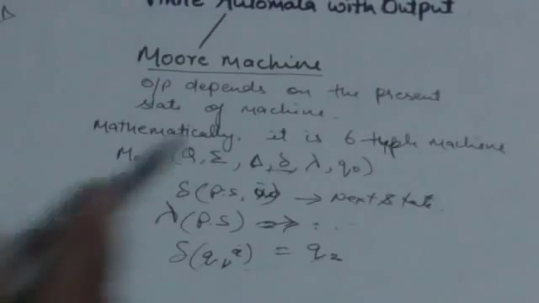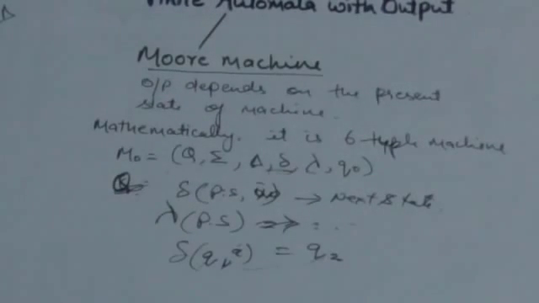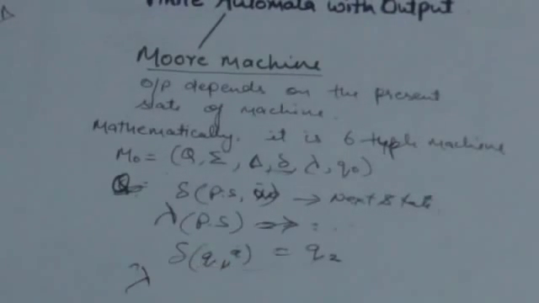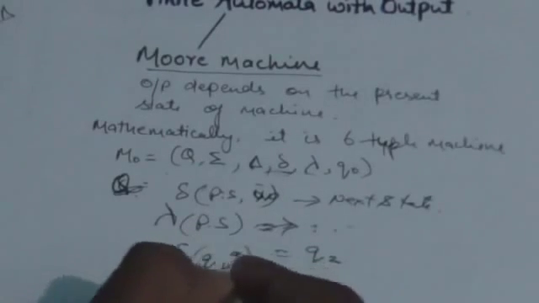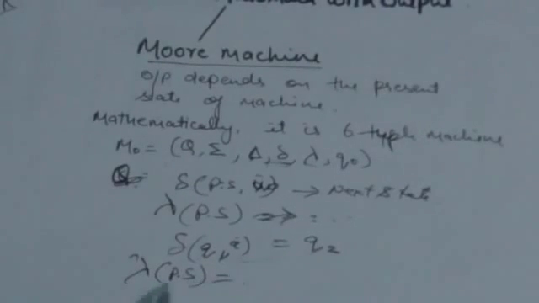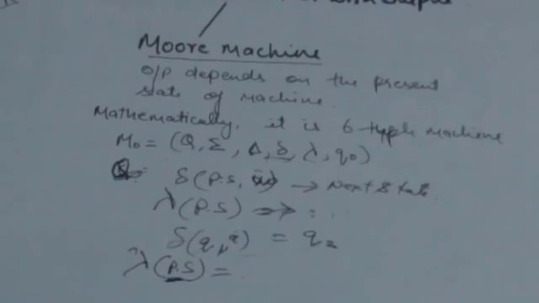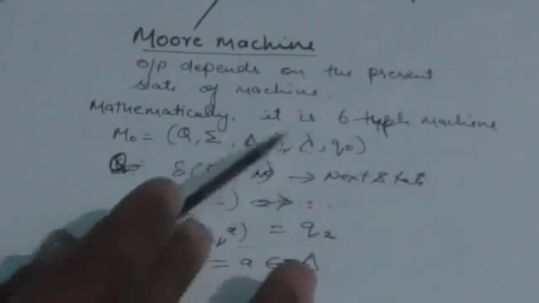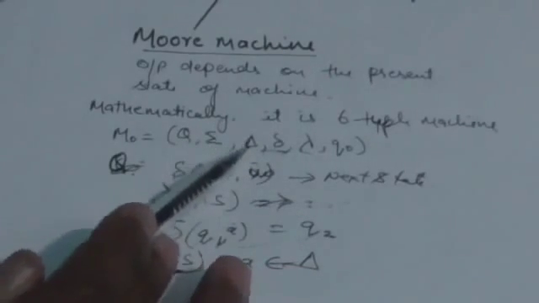After delta, this is lambda. Lambda is an output function. It gives the output associated with each state. It takes only one argument, that is the present state, and it gives the output associated with this present state, and that output, whatever it gives, belongs to this finite set of output, that is triangle.